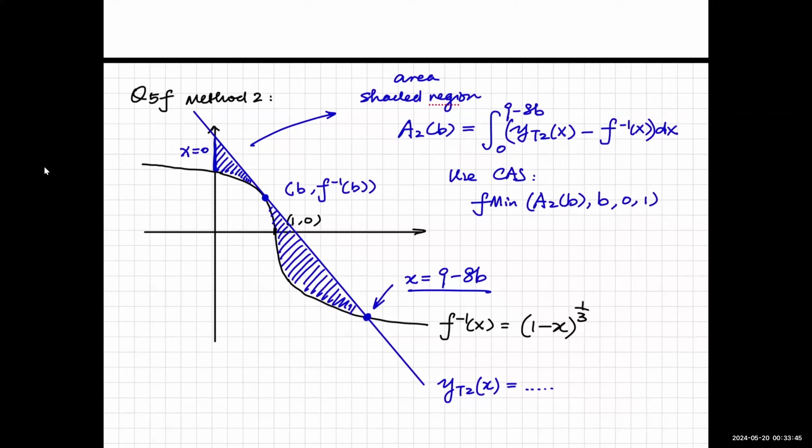Because it's either here, or let's say here. It forms 2 different regions, but I want this region to be minimized, etc. And that gives me b equals 9/10, okay? So that's another method. It's actually a combination of our CAS method and also some strong algebra.